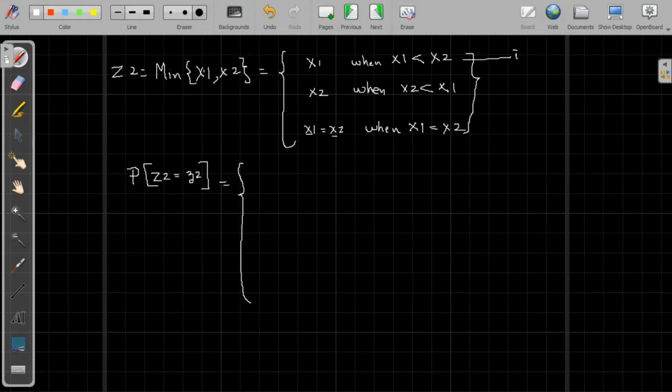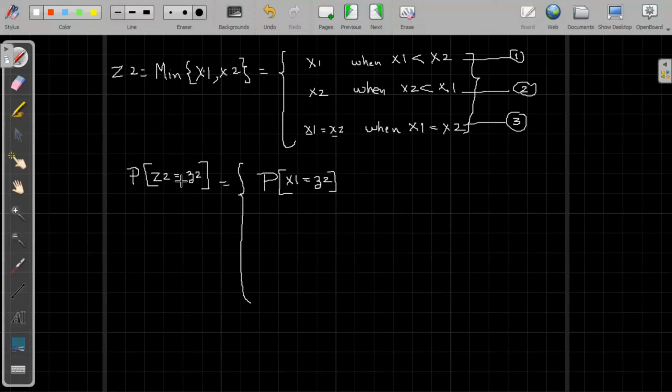I am writing this as the first case, this is the second case, and this is the third case. In the first case, z2 is equal to x1, so in place of z2 I am writing x1 is equal to sample value z2.